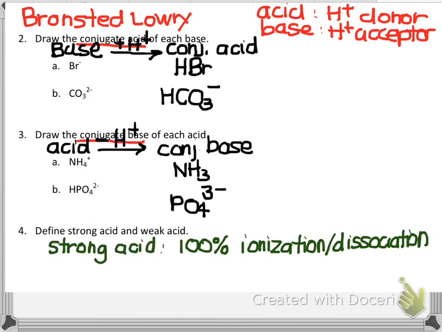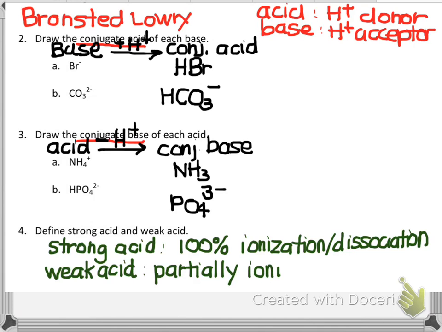So strong acids are only a short list. It means that we have a lot more what we call weak acids. And weak bases would have a similar definition. So strong acids are 100%. Well, anything that doesn't ionize or dissociate 100% is called a weak acid.